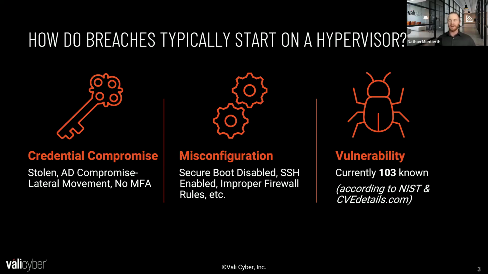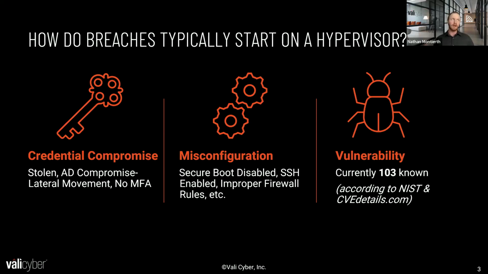But often, and actually the lion's share of breaches really happen through more benign and mundane ways, like credential compromise and misconfiguration. This is why we talk about things like having secure passwords, and why multi-factor authentication is such a big thing. Just like on most endpoints, like your Windows endpoints, just getting the passwords to legitimate accounts is often how we see these attacks happen in ESXi environments as well.